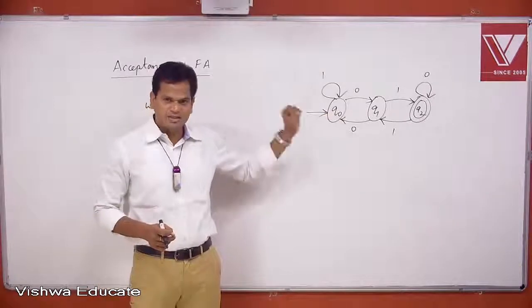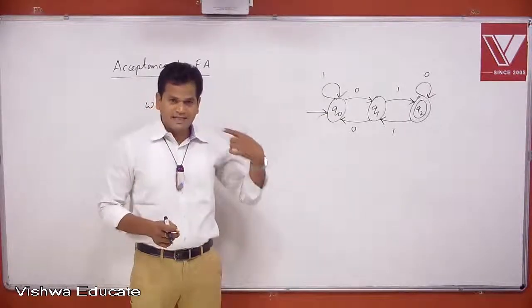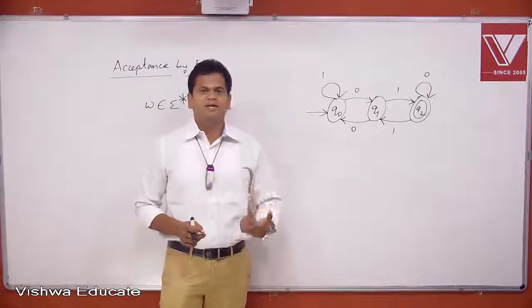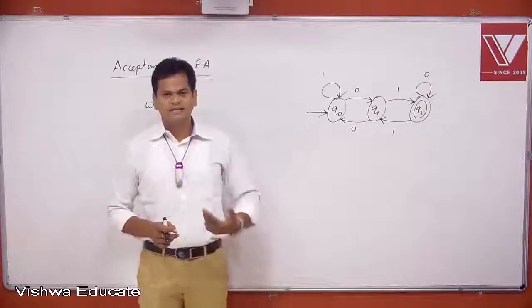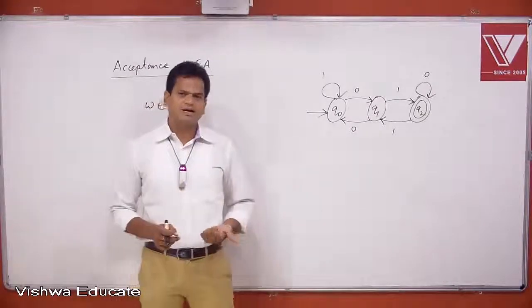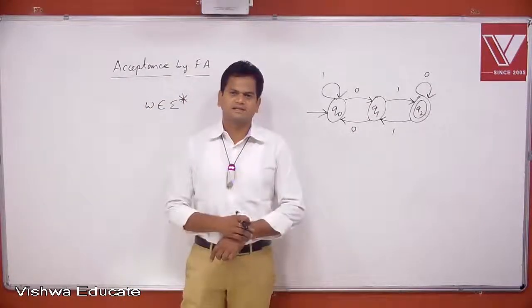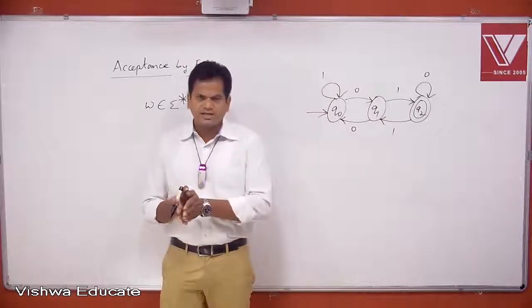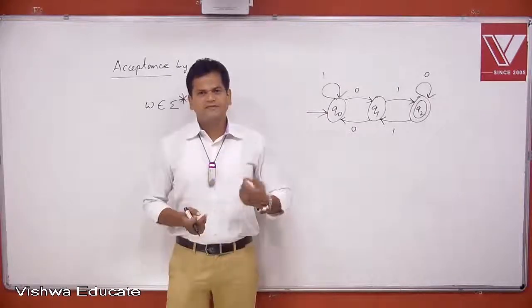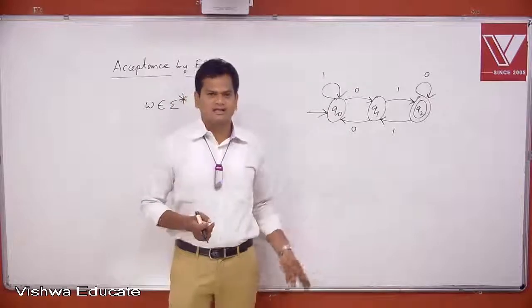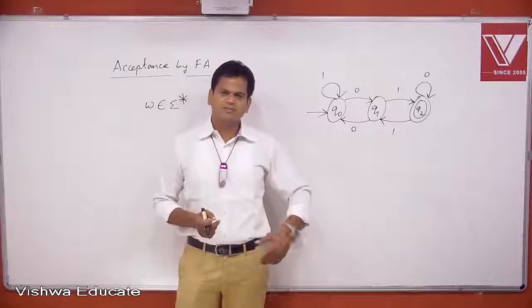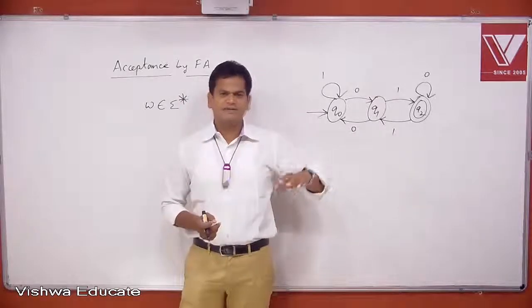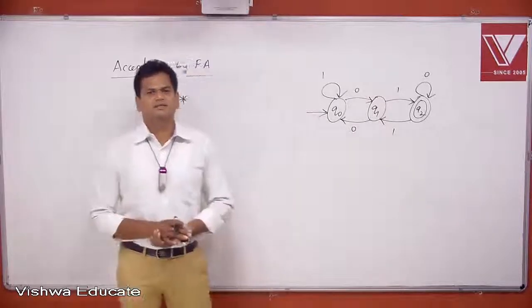It has to start from the initial state and terminate at some final state. Here I am using the words some final state, meaning an automata may have more than one final state. By starting at the initial state, when the machine stops, if it stops at any of the final states, then the string is said to be accepted.